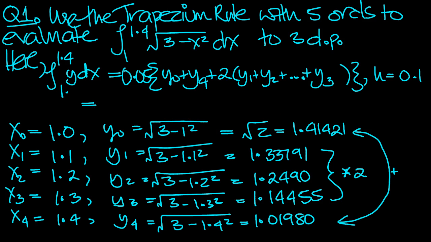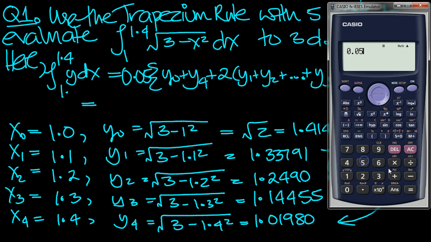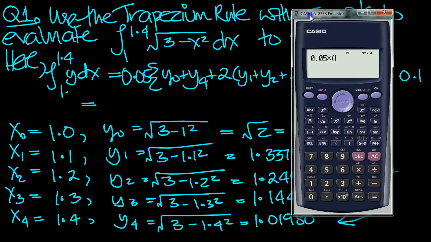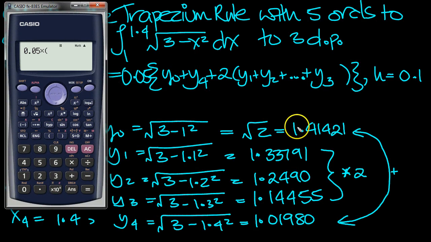So let's tap it all in the calculator. It's going to be 0.05 times bracket, the first and the last. It's 1.41421 plus 1.01980.